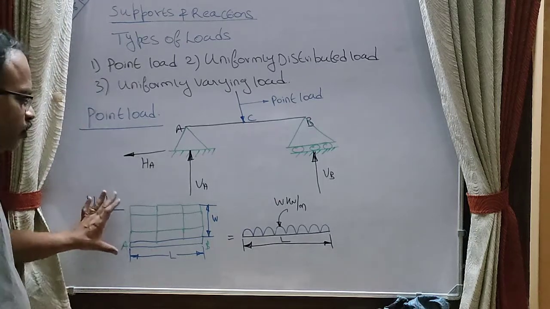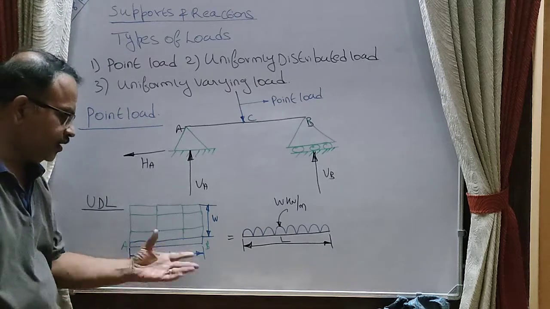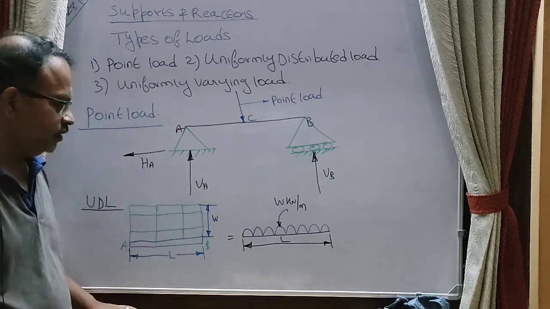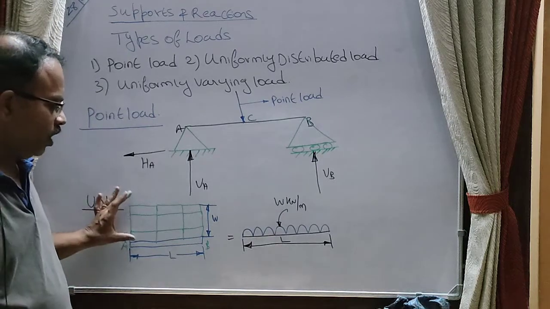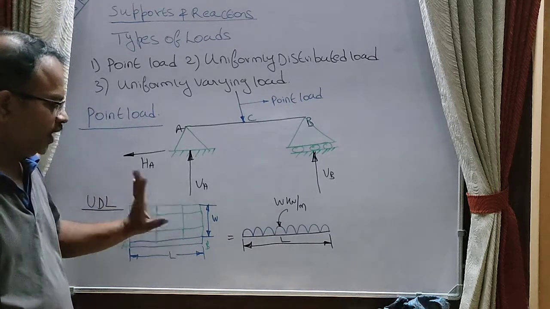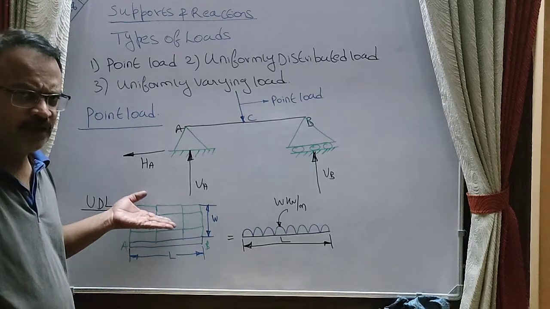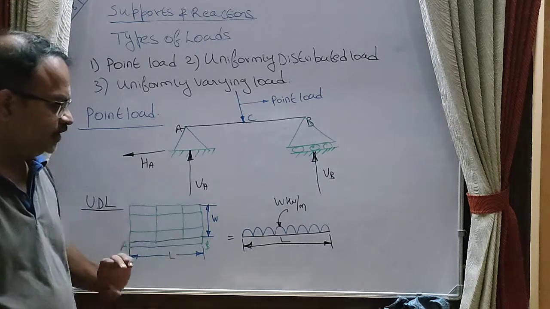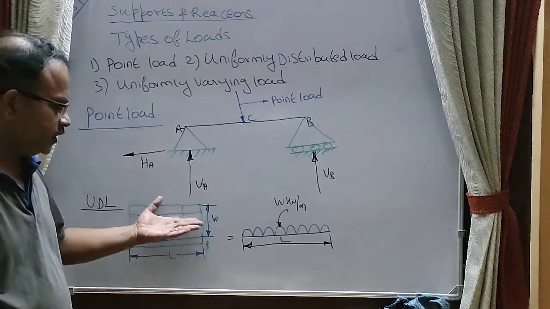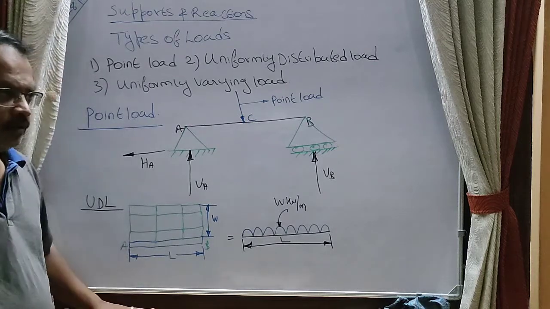Next is UDL, uniformly distributed load. Now we consider a beam AB of length L. Now a rectangular wall of uniform dimensions is placed on the beam. So this is a rectangular wall of weight W. It is uniformly distributed throughout the beam.